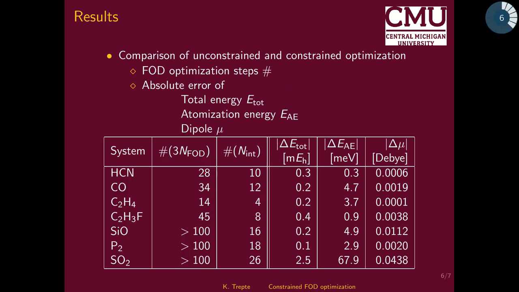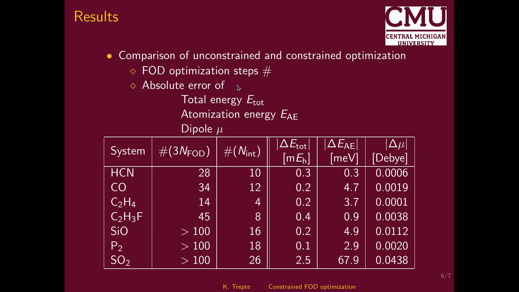Now, of course, we want to make sure that we do not compromise our molecular properties when we constrain the FODs. So what I want to do on this slide is to compare the unconstrained and the constrained optimization. First of all, in terms of how many steps it takes for the optimization to find a minimum.